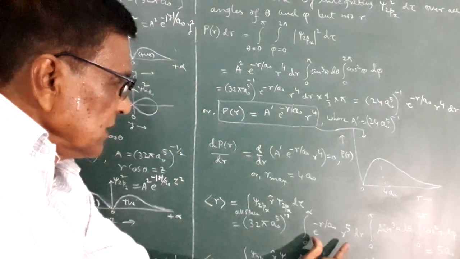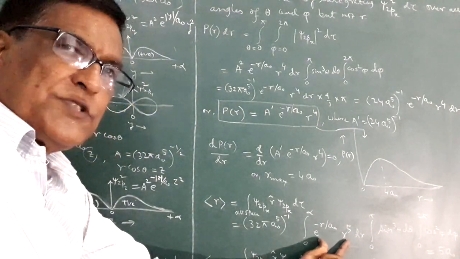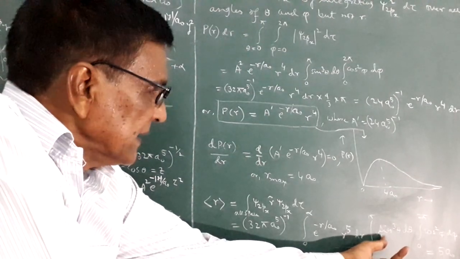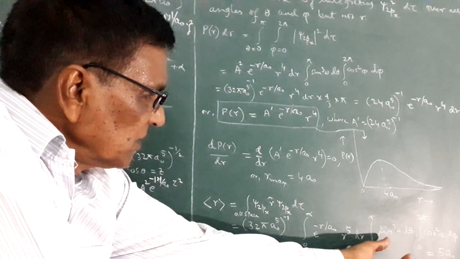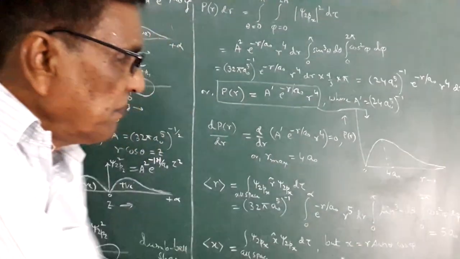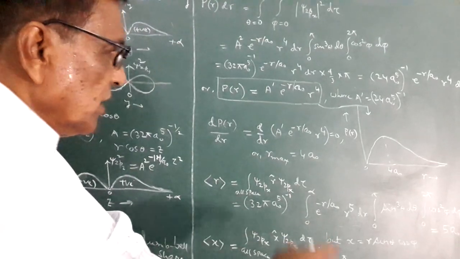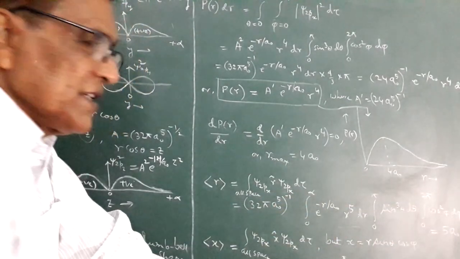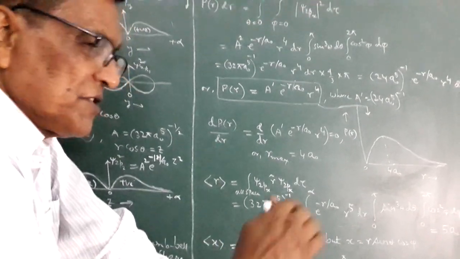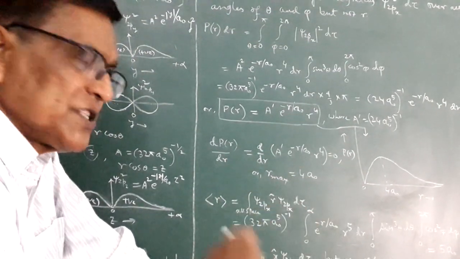The first integration could be done by using the gamma function, and the theta one, I will show later on, will be 4 by 3, and this one is pi. So altogether, when all these three integrations are done, the expectation value of r, the radial distance of this electron from this nucleus, is equal to 5 a naught.